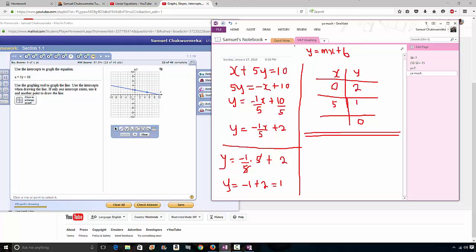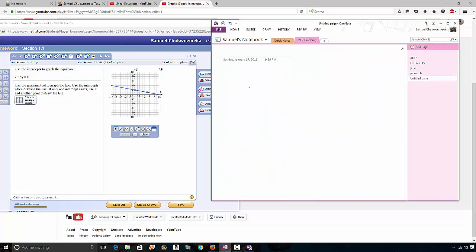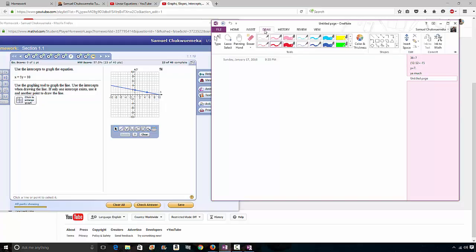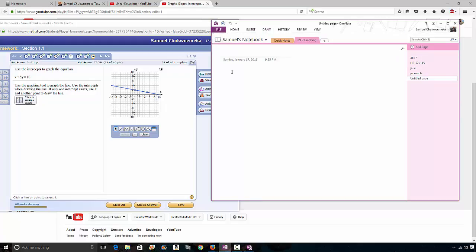Let me write it here. Let me add a page here, and I would type intercepts.